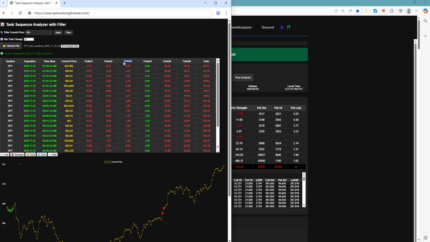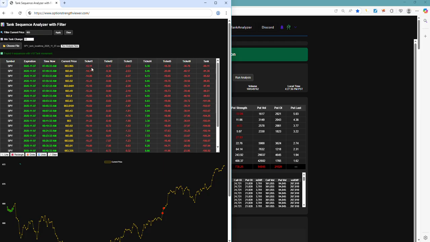Now we have ticket 3. It was recorded at minus 253 and it is now minus 32. That's also losing strength in puts. Ticket 2, same thing. They're losing strength. And ticket 1 is slightly increasing strength in puts. But what you want to look at is when we first started looking at ticket 1, it was at minus 13.